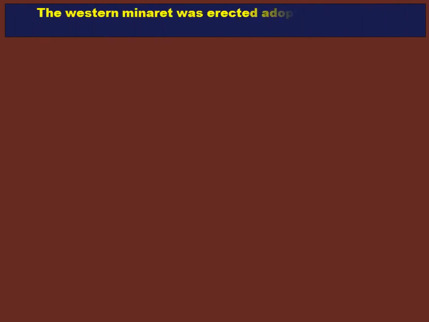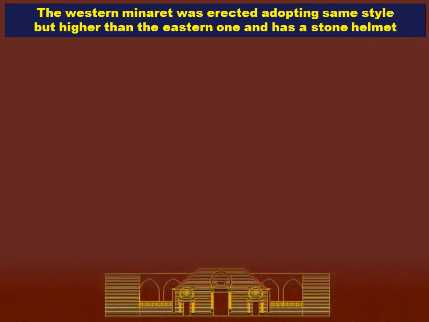The western minaret was erected adopting same style but higher than the eastern one and has a stone helmet.